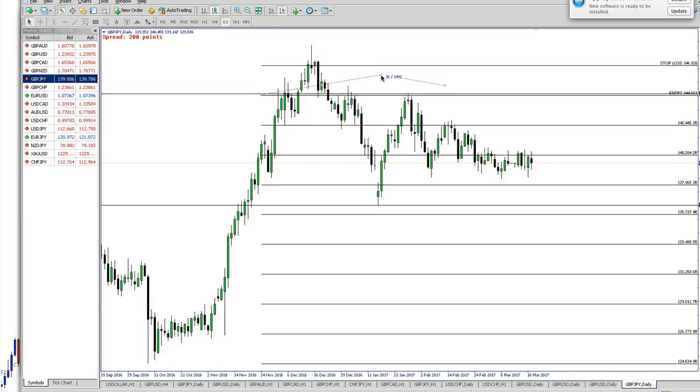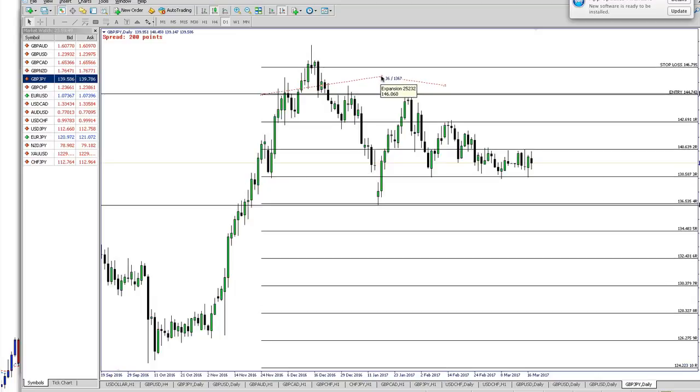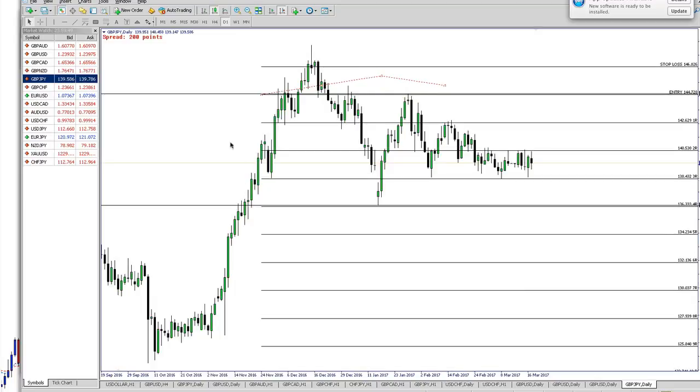But I use my extensions, which I've made a video on how to do. You can also use these for take profit and risk reward, because there's your stop loss, you've got your entry. So if you were taking a trade from there to there, you can see quite clearly it's 3R, which is phenomenal. Simple.